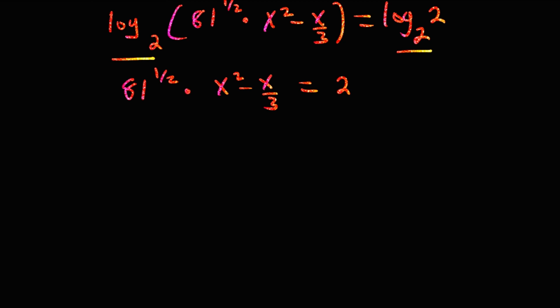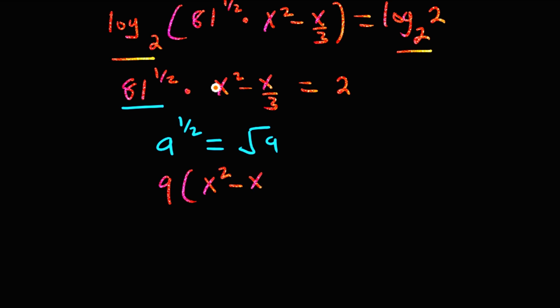And remember, according to the laws of indices, when you have a number a raised to power half, that is the same as the root of a. So 81 raised to power half is the same as the square root of 81, and the square root of 81 is 9. So our equation is 9 times (x squared minus x) over 3 equals 2.